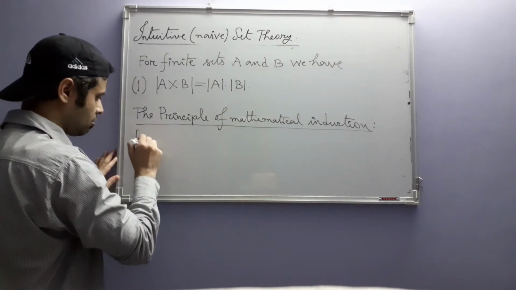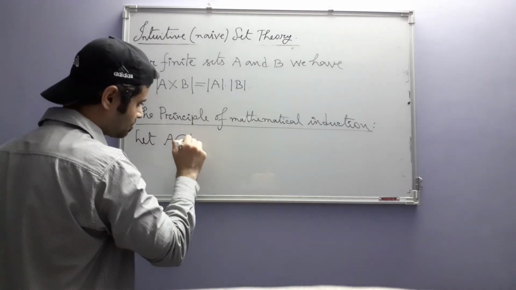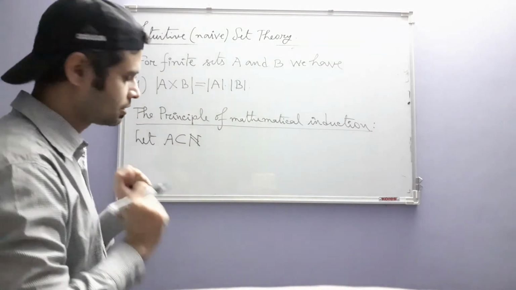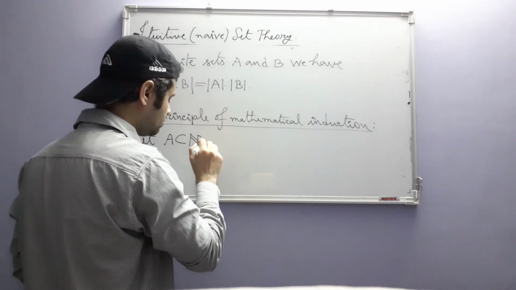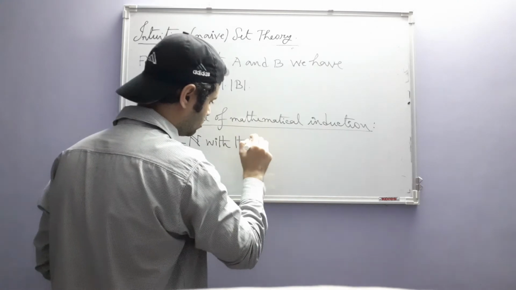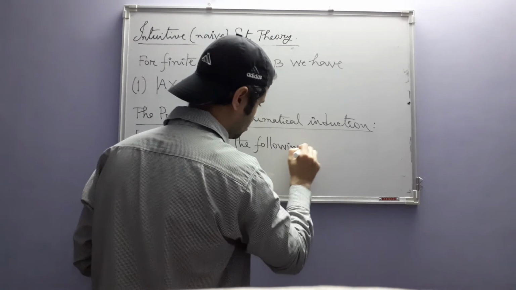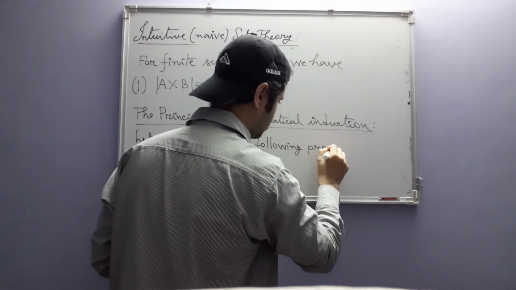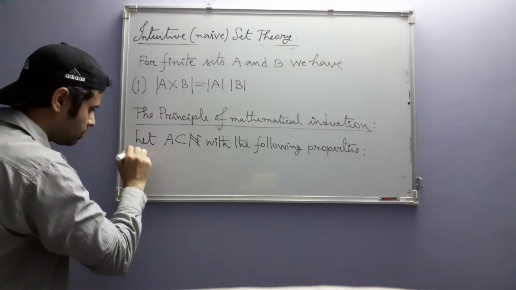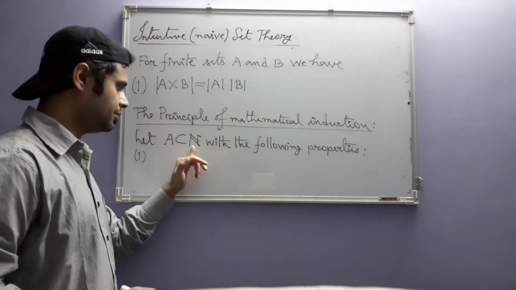Let A be a subset of N, the set of natural numbers, with the following properties. Number 1. Okay, but I must make sure what N means.